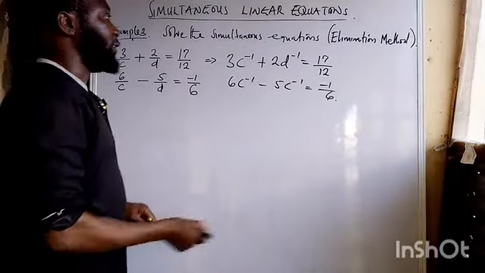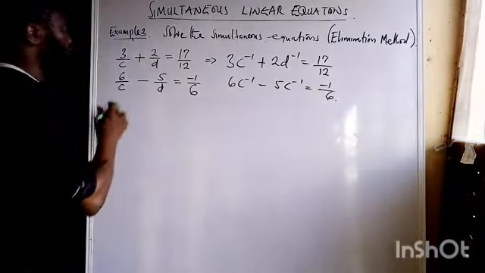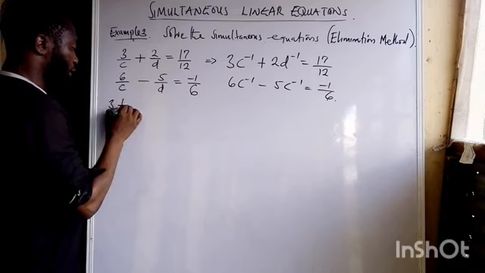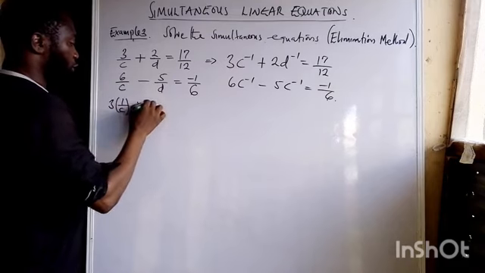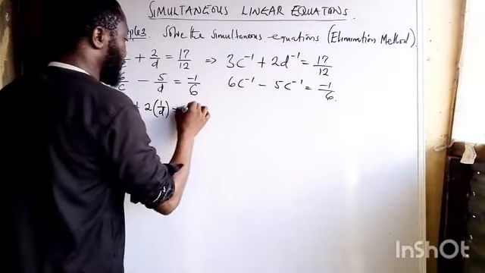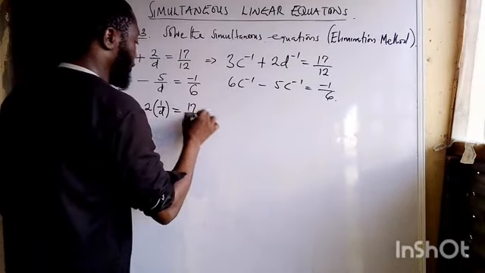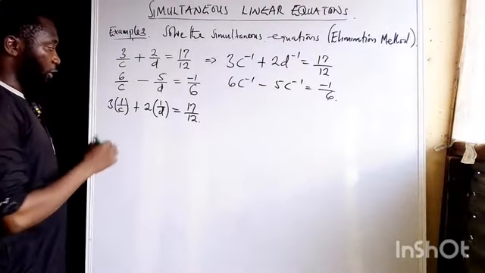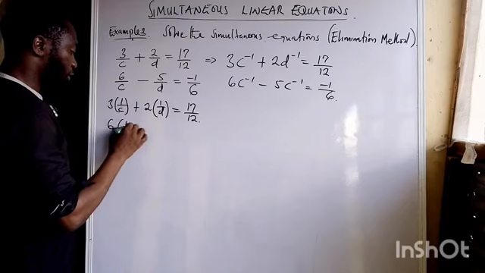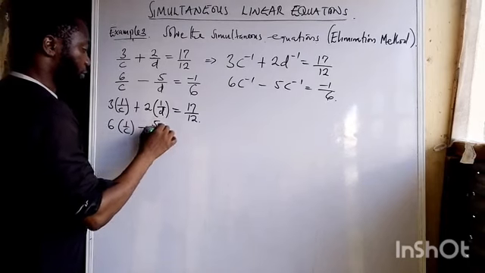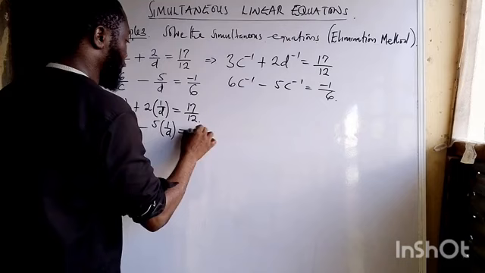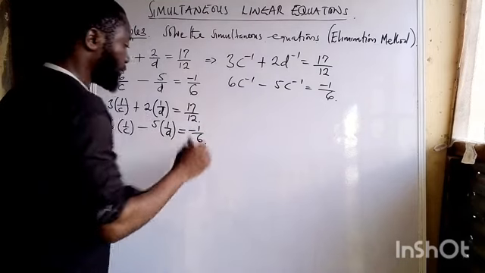How? By assuming that we can rewrite this equation as 3 times 1 over c plus 2 times 1 over d equals 17 divided by 12. Do the same here. We have 6 times 1 over c minus 5 times 1 over d equals -1 over 6.